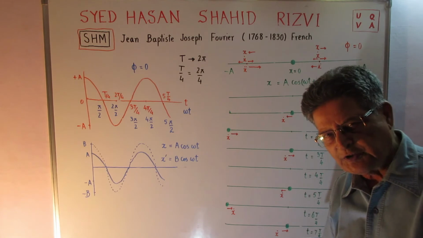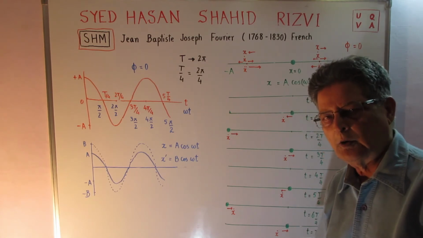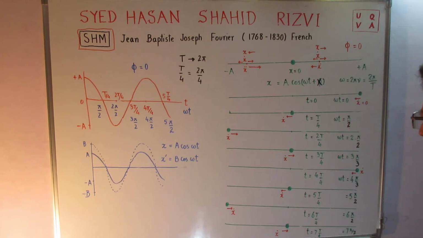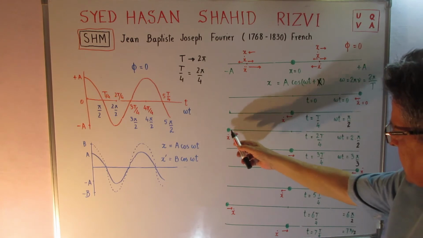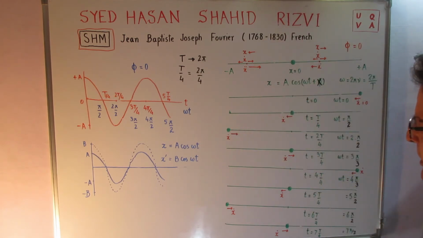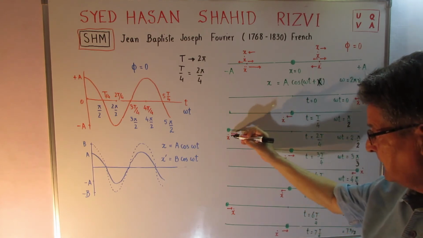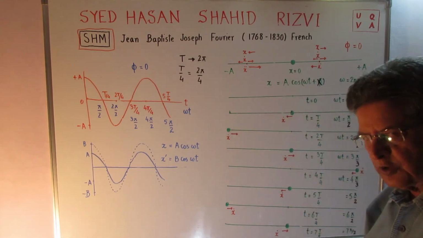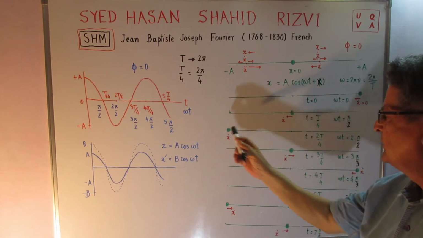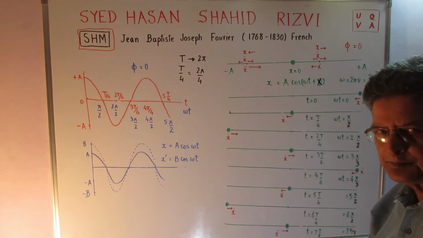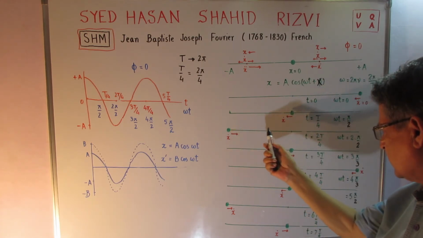The displacement is 0 and the acceleration is also equal to 0. Then add another T by 4, so it becomes 2T by 4, and it comes to this position. Here again x dot becomes equal to 0, x is minus a, and x double dot is maximum and is directed towards the center.